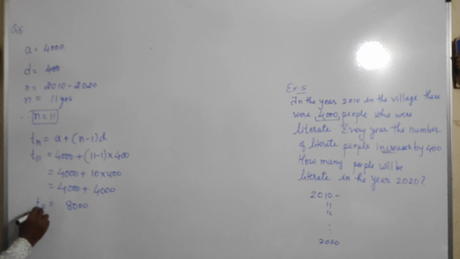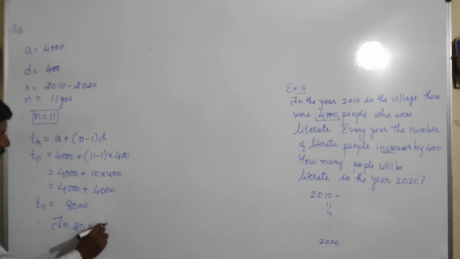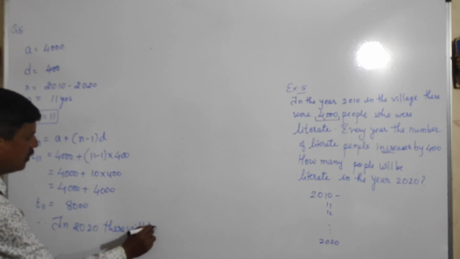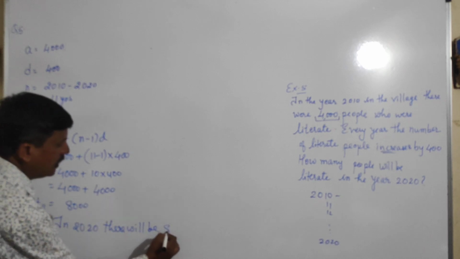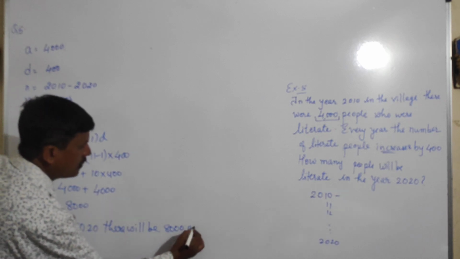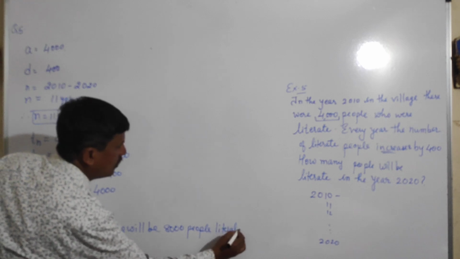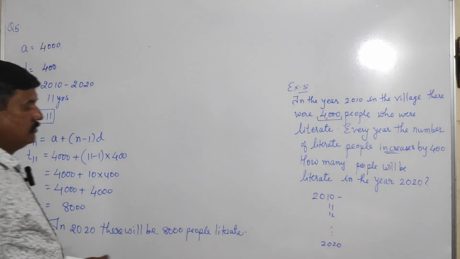Therefore, T11. In which year? In 2020, there will be how many people? 8,000 people literate. Okay?